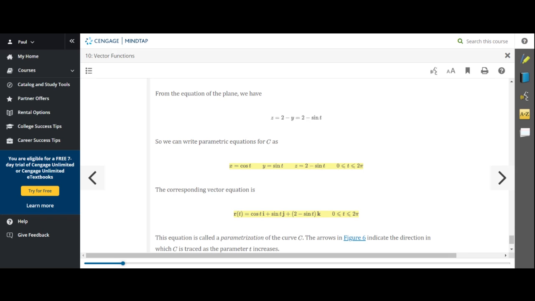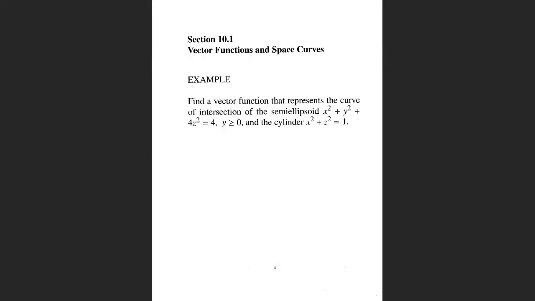Okay, I want to do another example with you. Let me give you a moment to copy this example down, because I think in section 10.1 homework, these kind of problems are going to give you the most difficulty.